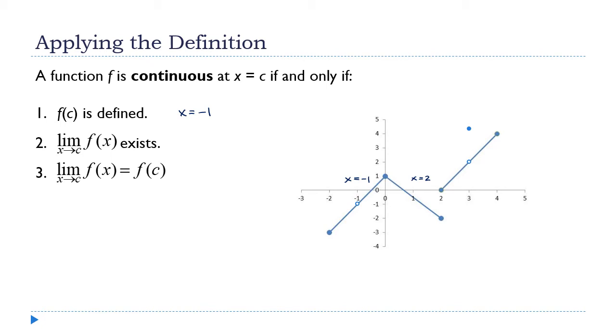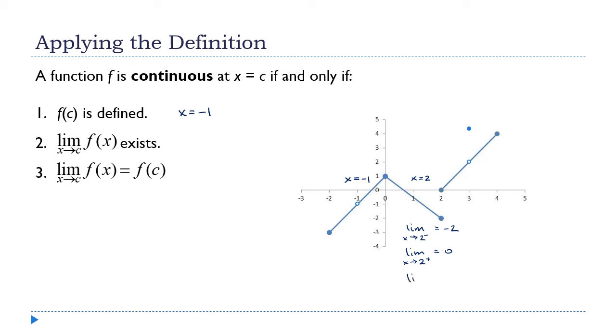But let's see. What about the limit? The limit as x approaches 2 from the left is -2, but the limit as x approaches 2 from the right is 0. The left and right hand limits are not the same.